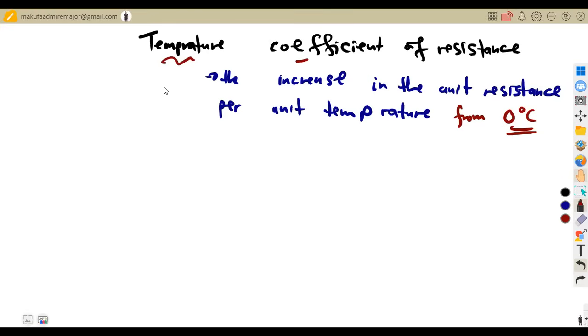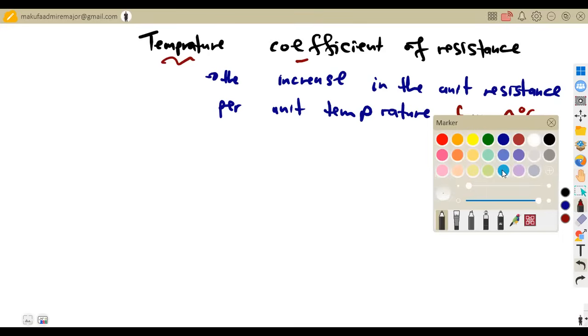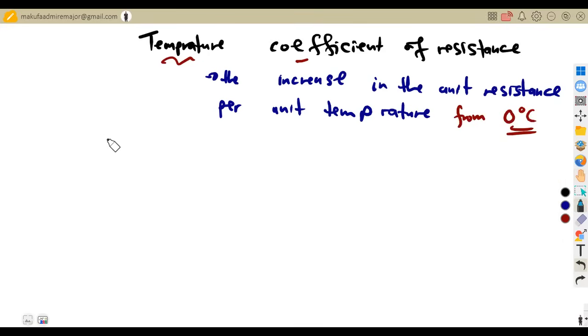So if we are to calculate, because we are saying it's taken from 0 degrees Celsius, given a condition that our temperature is starting from 0, then the temperature increases. Our temperature is referred to as theta. We are going to be using theta for temperature.